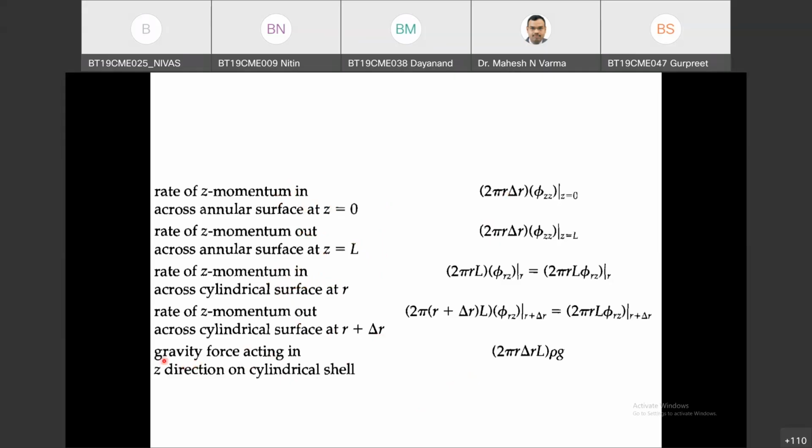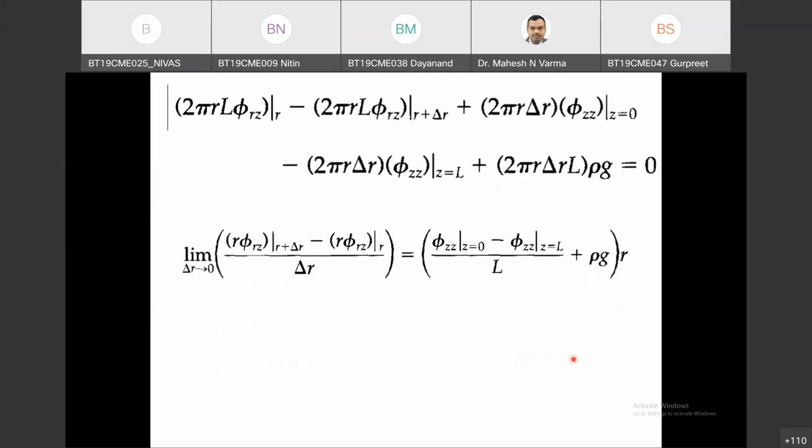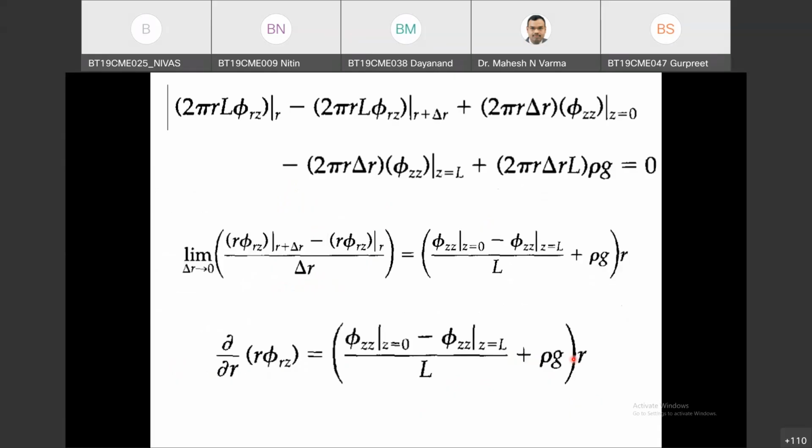Here you can see the total gravitational force in z direction will be 2 pi r delta r L into rho g. Substituting this, rearranging the equation and using the definition of differential, we will get this.